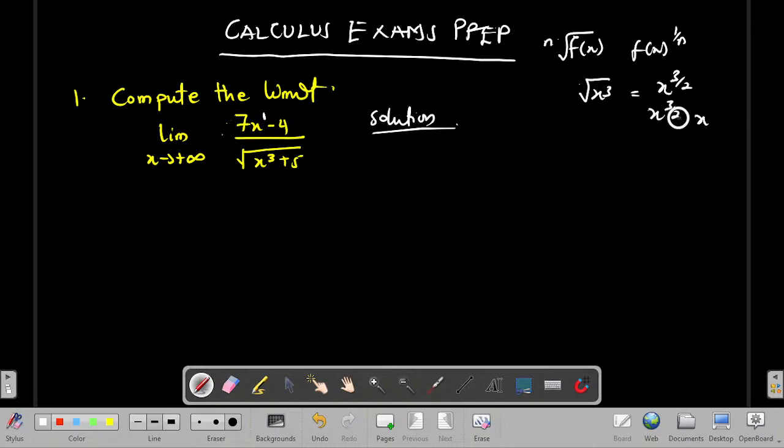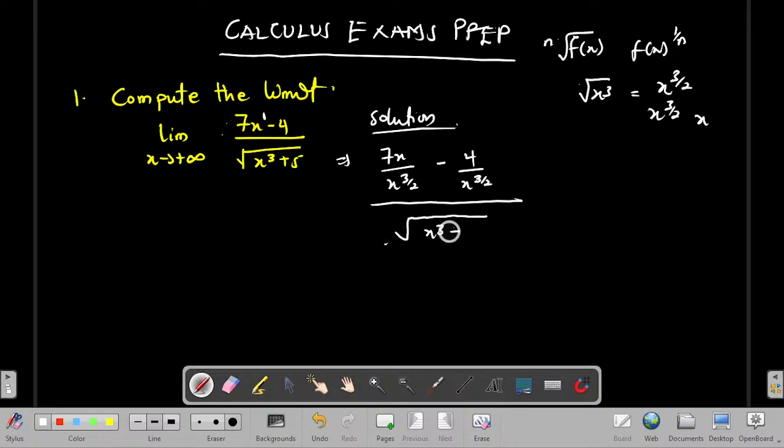Having that in mind, I'm going to divide through my numerator and my denominator by x to the power 3 out of 2. At the end, I wouldn't have done anything. So I'll simply have 7x divided by x to the power 3 out of 2 minus 4 divided by x to the power 3 out of 2, all over the square root of x cubed plus 5.